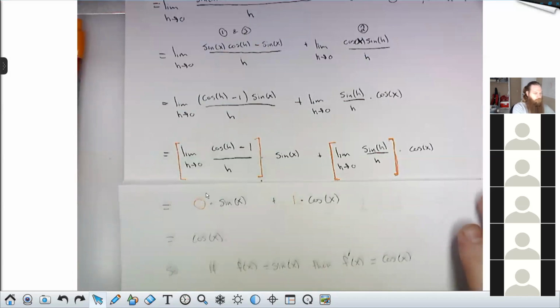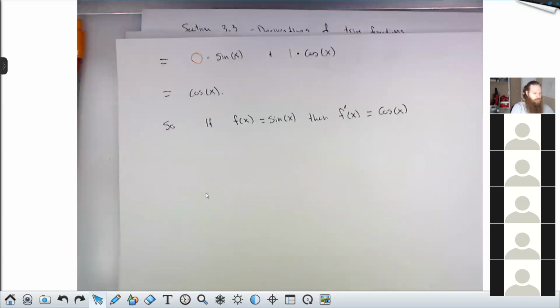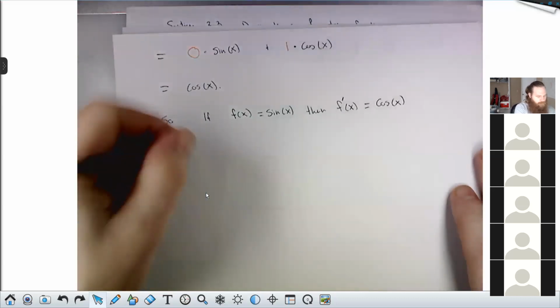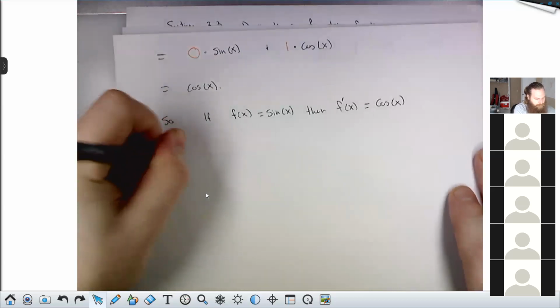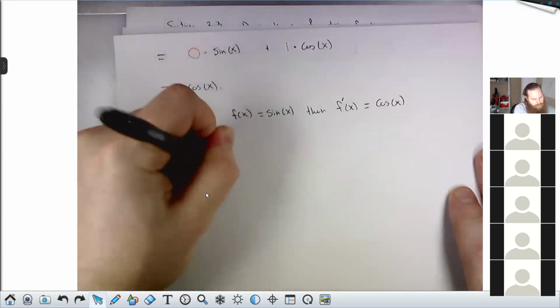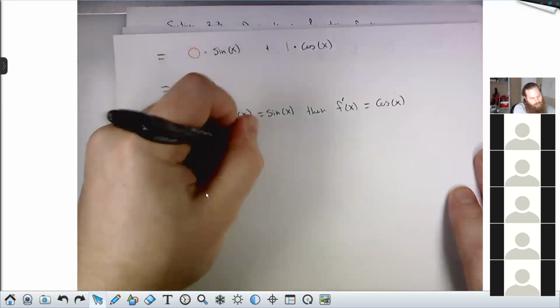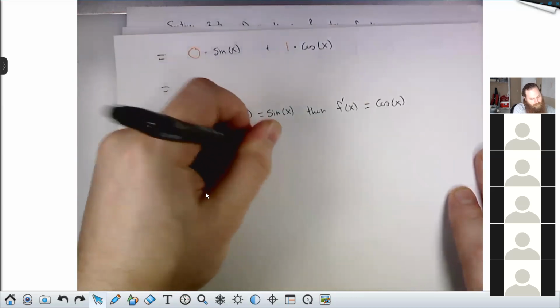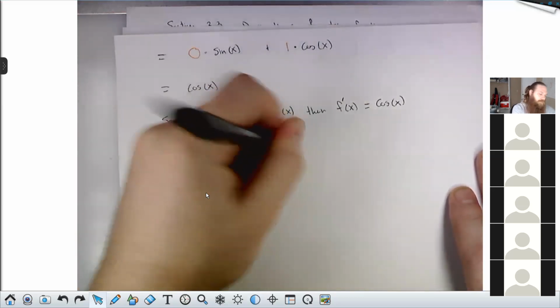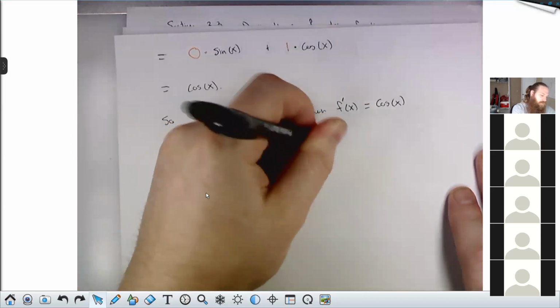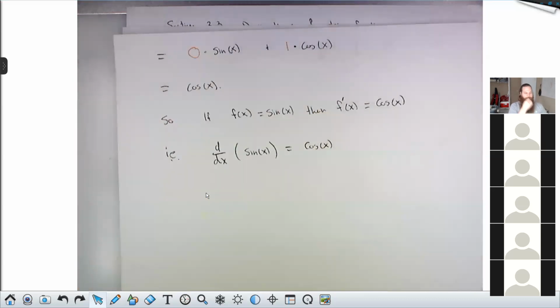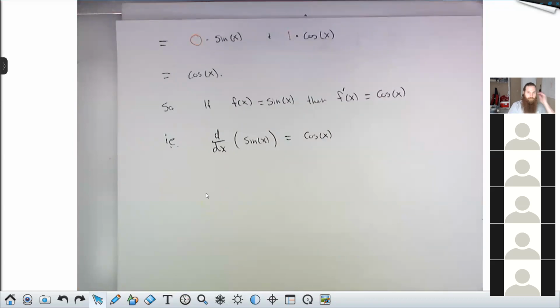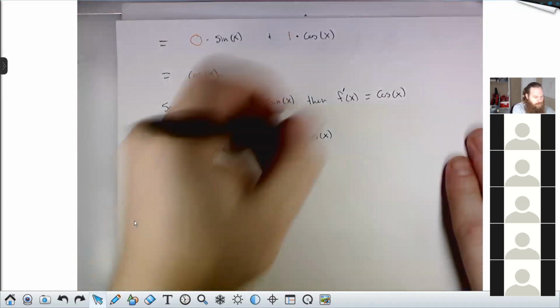That can otherwise be written d/dx of sine x equals cos x. And this is something you really want to hold on to.